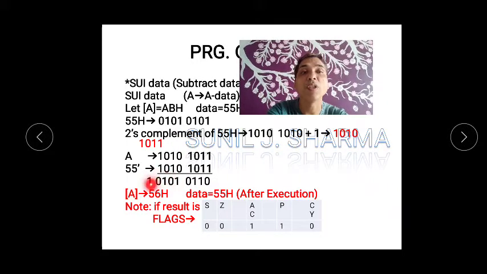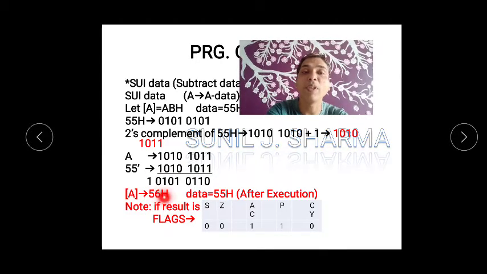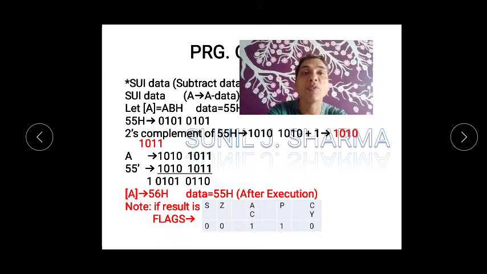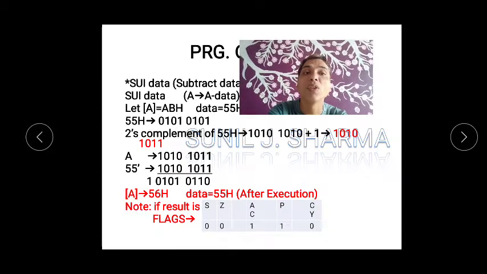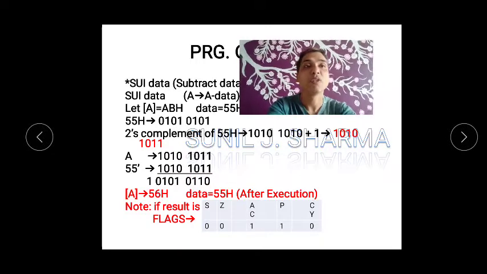Okay, 1 plus 1 is 0, carry 1. So your answer is actually 156, but the accumulator will be having 56. But since the result is positive, you have to write the carry flag as 0. So this is a rule, and can you see the parity flag will be set because there are 4 ones in the result. So I hope you got this.